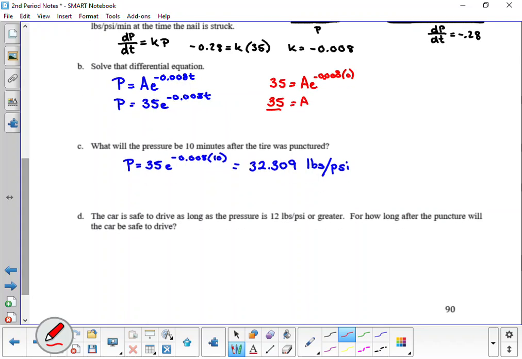Last problem. The car is safe to drive as long as the pressure is 12 pounds per PSI or greater. So if we set this to 12. But isn't this just like inches here? So like pounds per square inch. Times t. And then we solve for t.